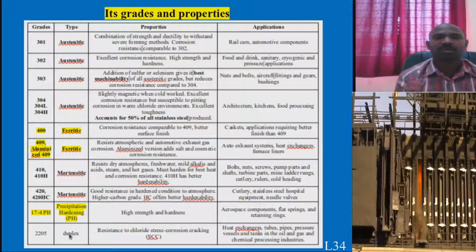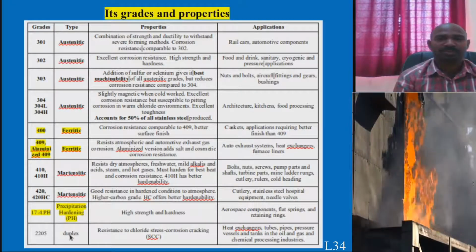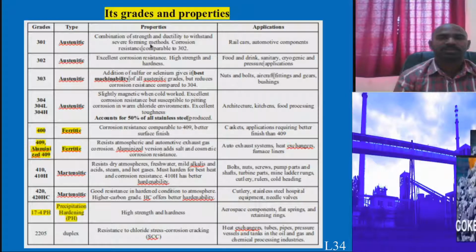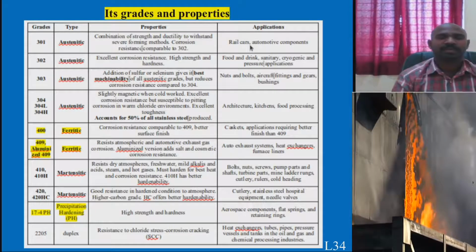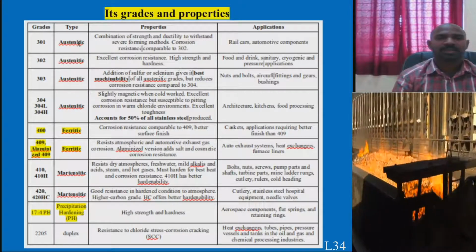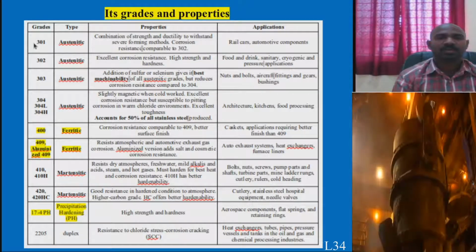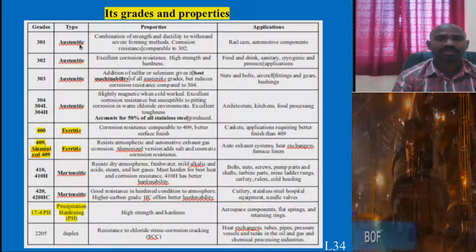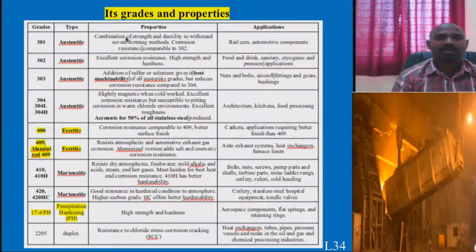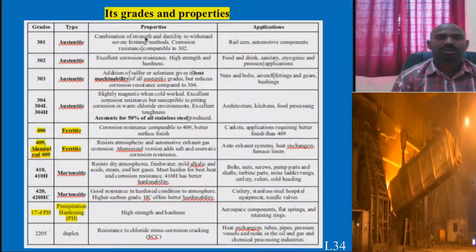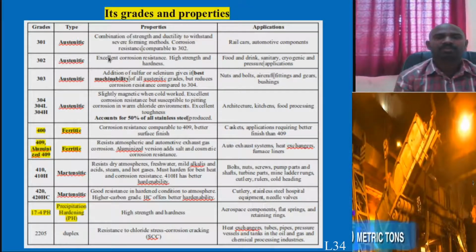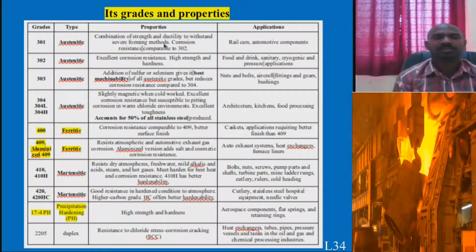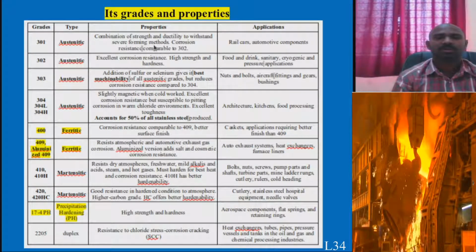Remember these things which are important for the GATE examination, and remember at least one property and one application, which I am going to emphasize now. For example, 301 austenitic stainless steel usually shows a good amount of strength and ductility, which are improved by various forming methods such as rolling, extrusion, hot rolling and cold rolling.